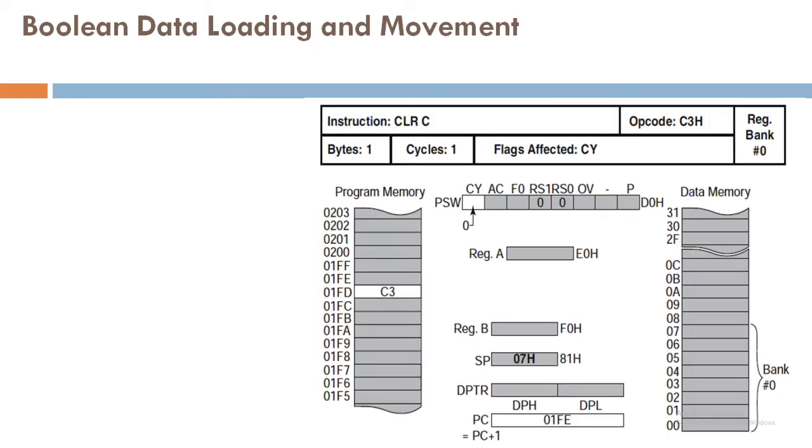Now let's have a look at CLR C. In this case we can see that the CLR C instruction is a 1 byte instruction and the operational code is C3 hex. It requires one cycle, and the only flag that gets affected is CY.